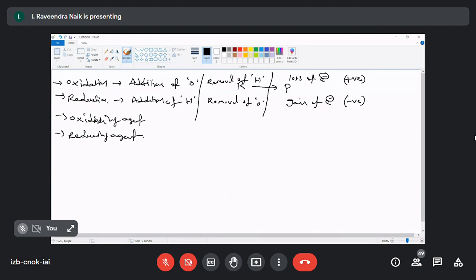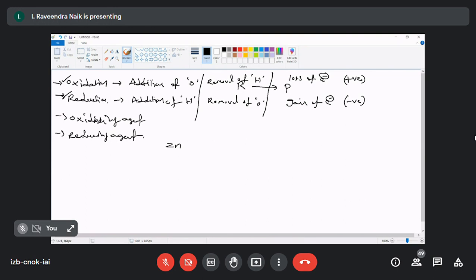So throughout the reaction, in a complete reaction, if we observe a balanced equation, we know what is oxidation and what is reduction. According to definition, addition of oxygen, removal of hydrogen or loss of electron is oxidation.